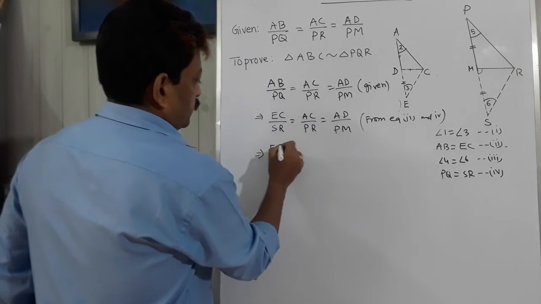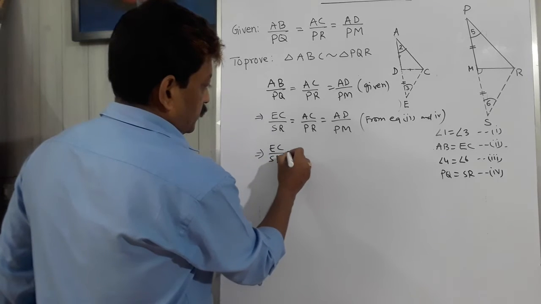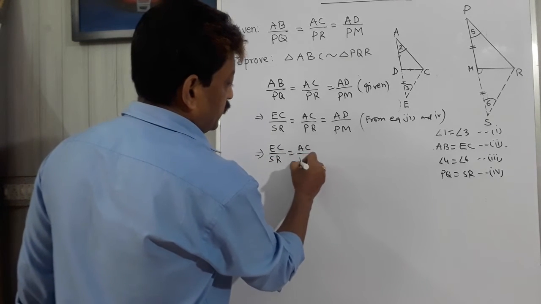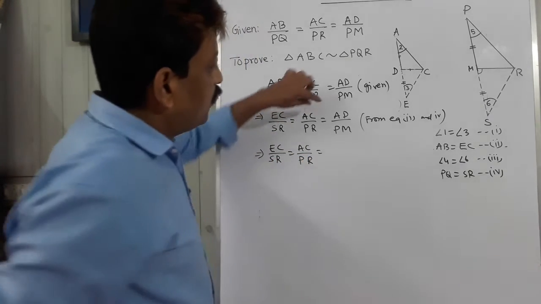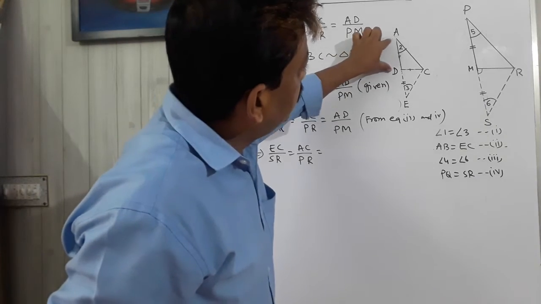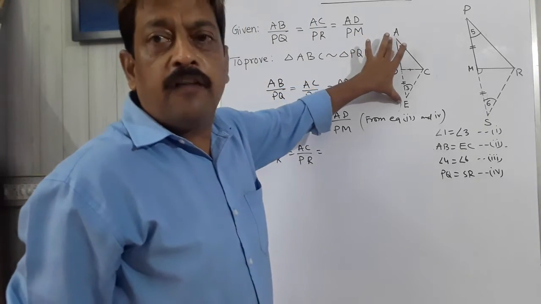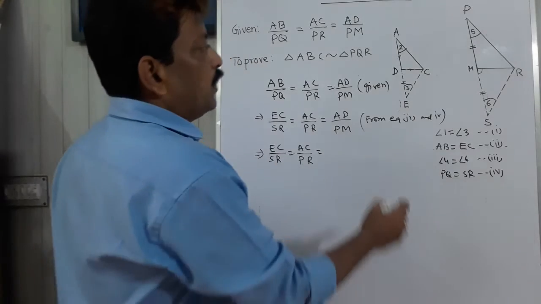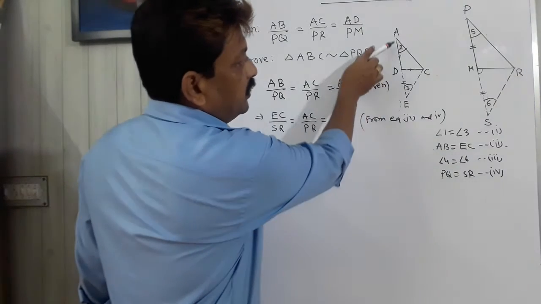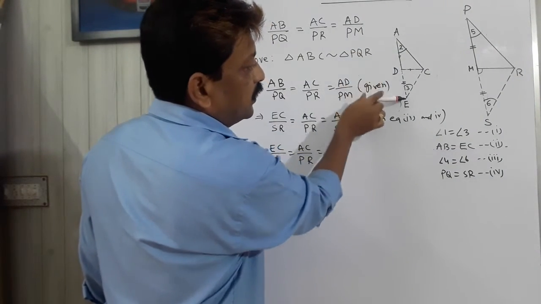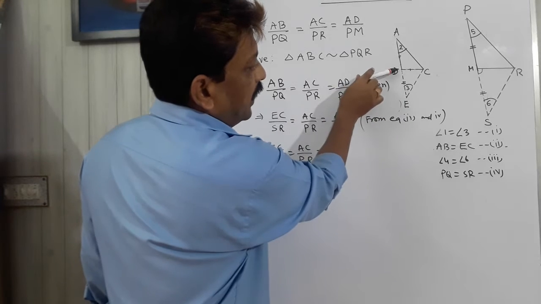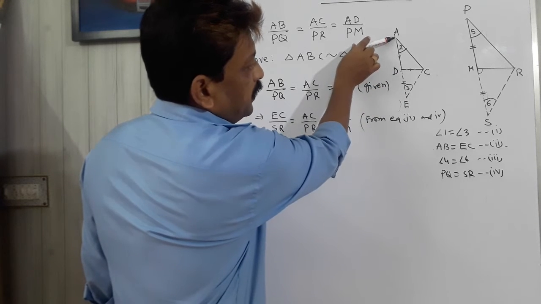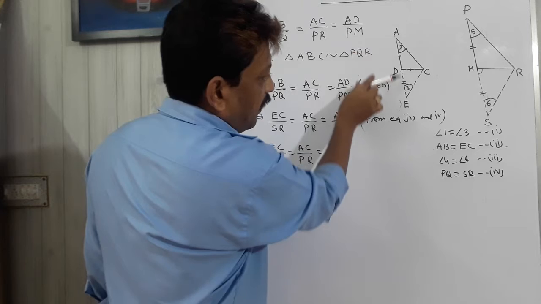So EC upon SR is equals to AC upon PR. Now AD can be written as half of AE, because we have constructed it in such a way that AD and ED are equal. By construction, AD and ED are equal. So in place of AD, I can write half AE.